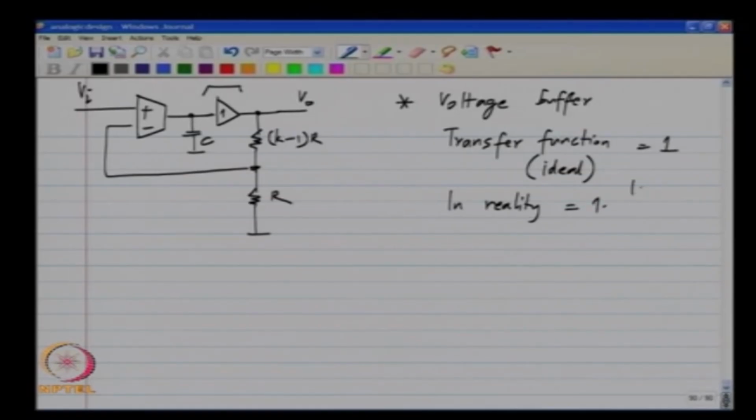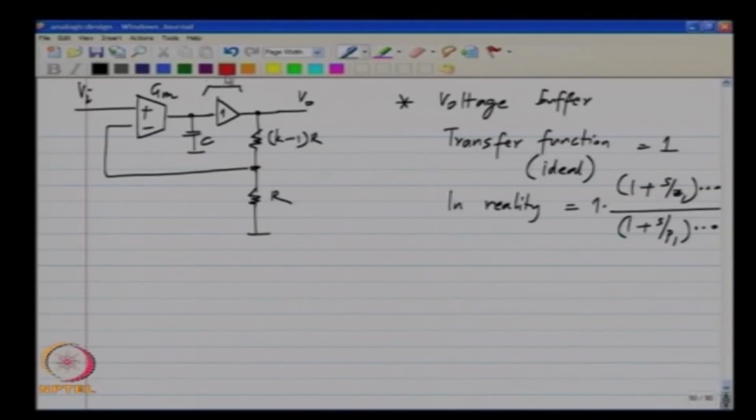It will be 1 times 1 plus S by Z1, and it could have multiple zeros, also it could have multiple poles. Now, the exact transfer function depends on the details of the circuit that is used to implement the buffer.